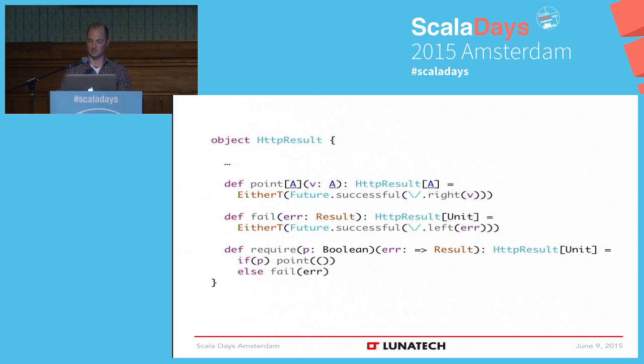So that means that we have a future with an either inside, and the either is a left, which contains an error. And then we can make some sort of control structures like require that takes a Boolean predicate and an error message, and we check the predicate. If it's true, then we create a successful value, but we don't really have any successful value, so we just put unit in it. Or we fail with the error.